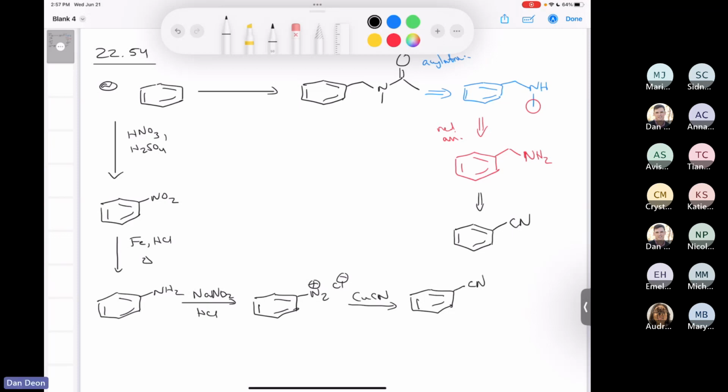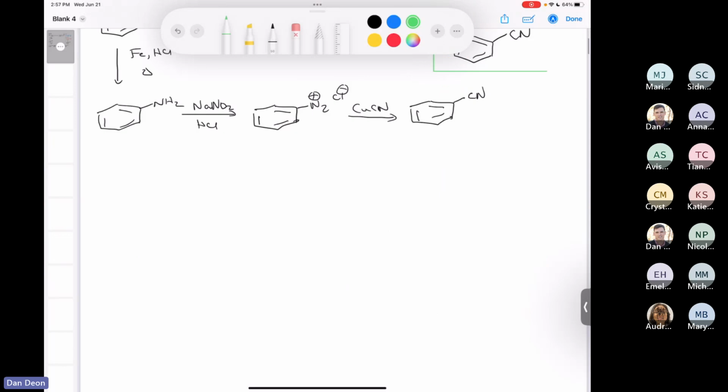I need to put a box around my retrosynthesis here. So there's the retrosynthesis. Let's keep going this way. Then we're going to reduce that with lithium aluminum hydride. And then, of course, the workup is not acid but water, because if it was acid, that would make the ammonium ion, and we don't want that. We want the free amine, like this.